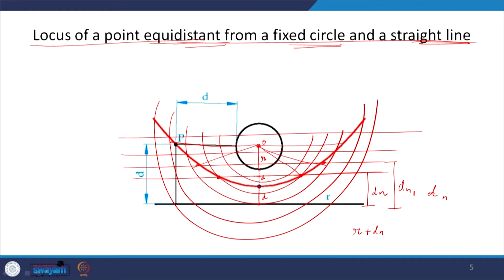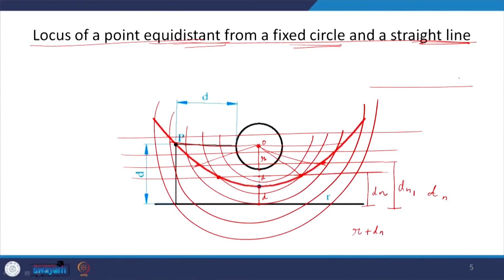In case when it is equidistant from a straight line, we will be drawing parallel lines to that given straight line, which is often called the directrix. So, that is again one of the fundamentals, which is the locus of a point which is equidistant from a straight line will always be a line which is parallel to the given line.